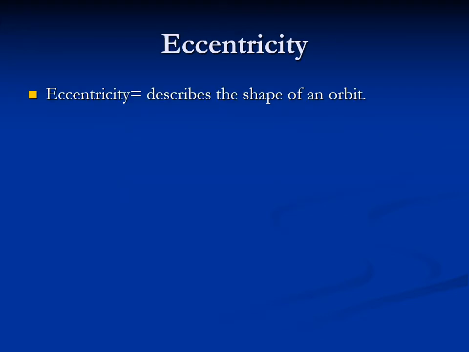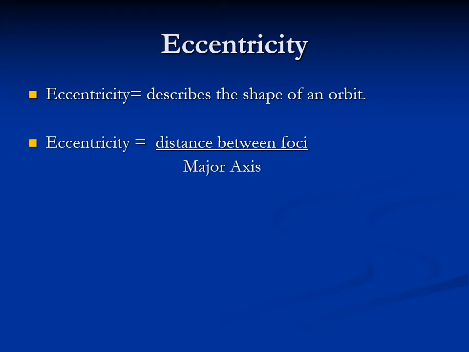So, looking more at eccentricity, eccentricity describes the shape of an orbit. And mathematically, if you want to solve this, you take the distance between the foci and divide it by the major axis. In other words, the longest 2 points in your ellipse.